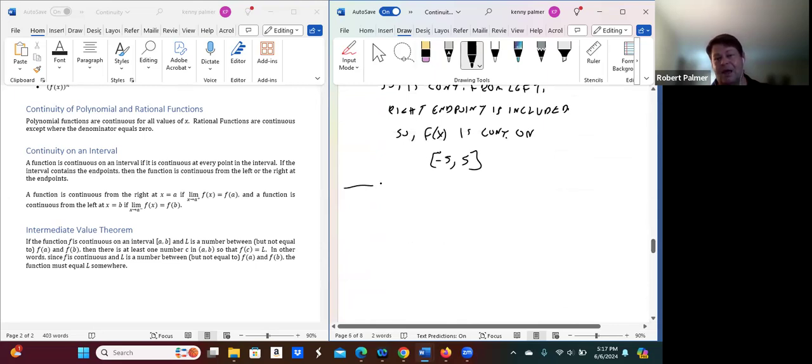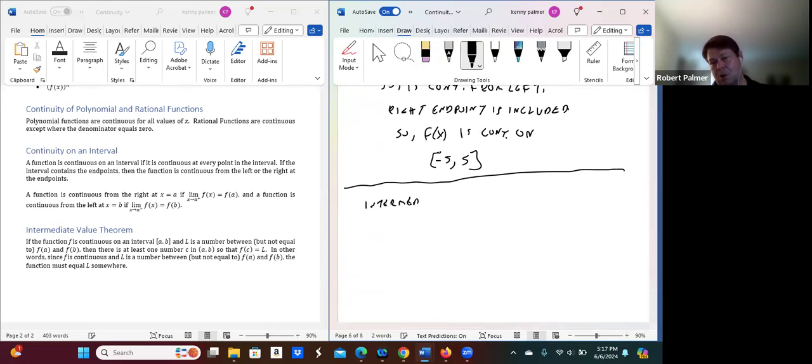Okay. Now, the last topic I want to talk about is what's called the intermediate value theorem. Let's take a look at it. Let's read it first. Let's make some sense of it.